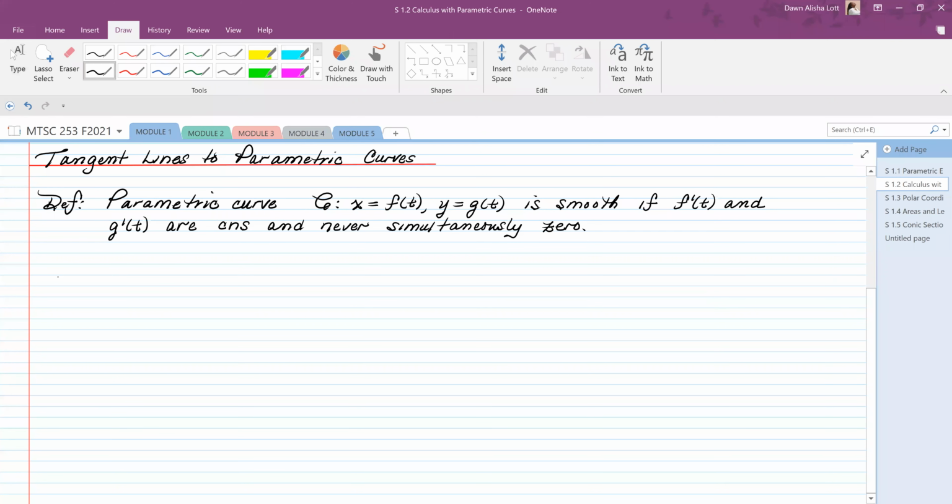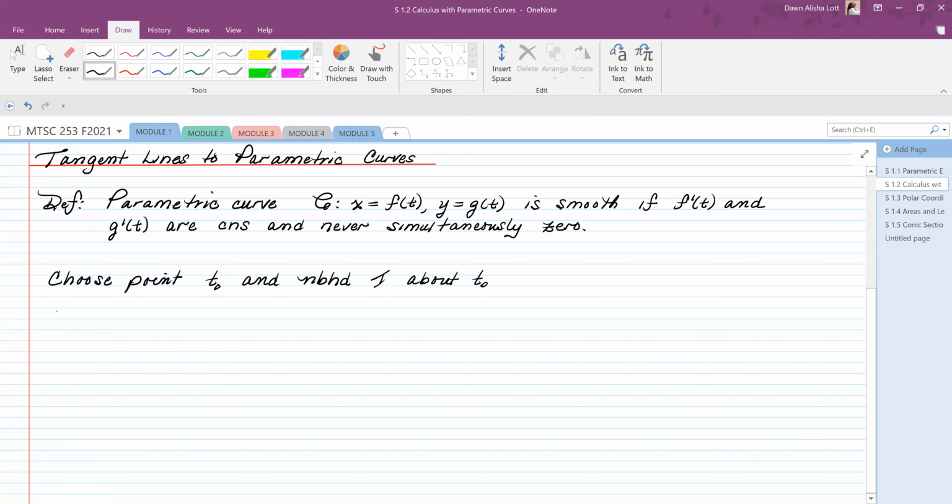So we want to choose a point t naught and a neighborhood, we're going to call it I, about t naught. So I'm only looking around one point.